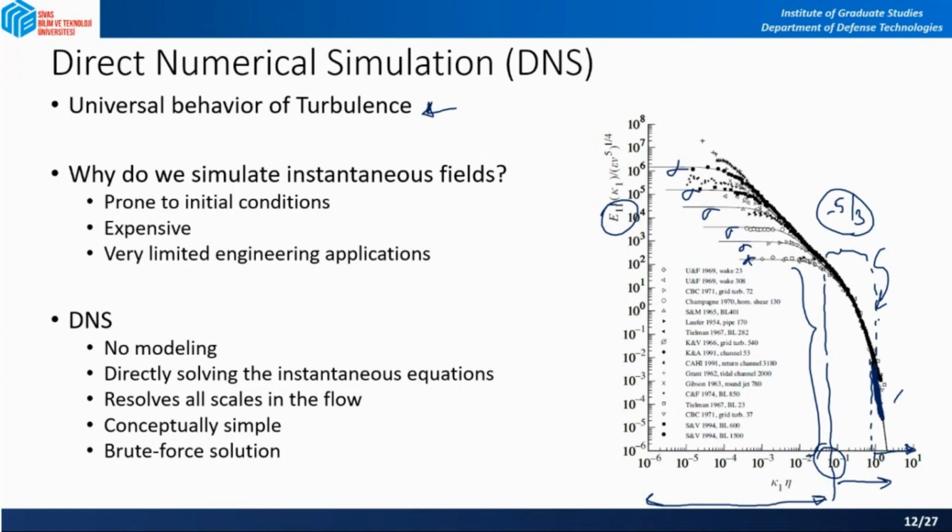As an example, you can do a RANS analysis, and it can give you the Reynolds stress distribution, turbulent kinetic energy distribution.